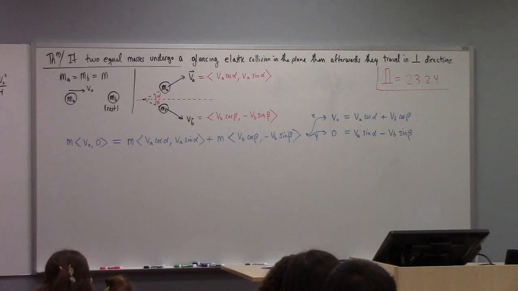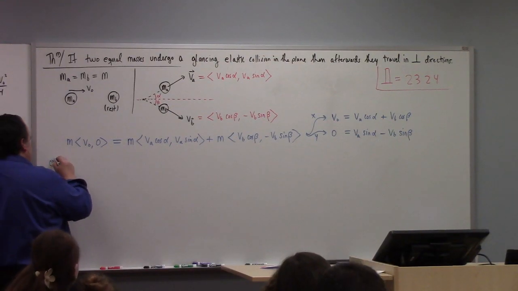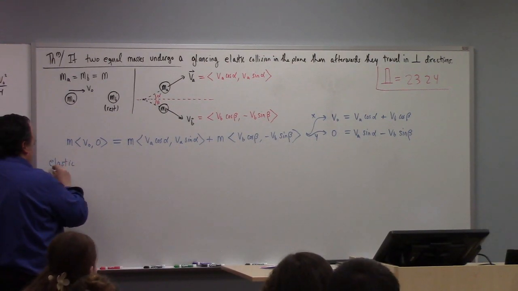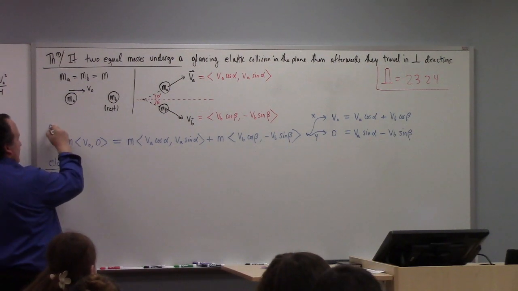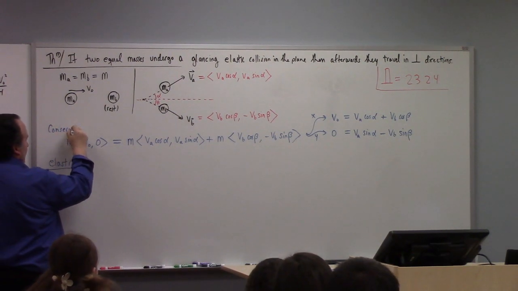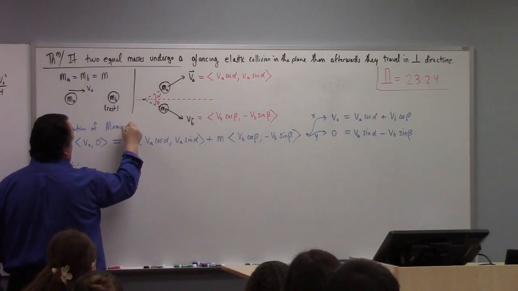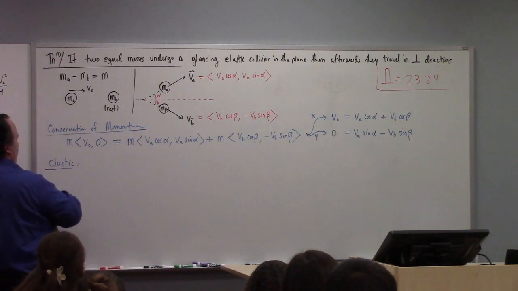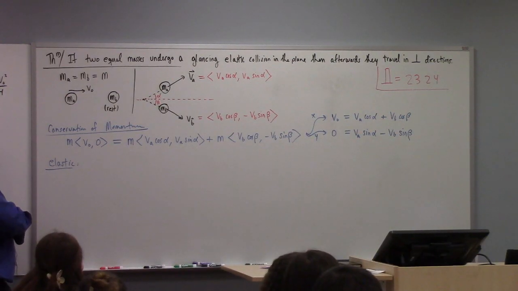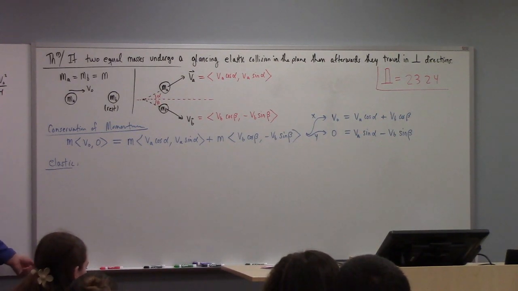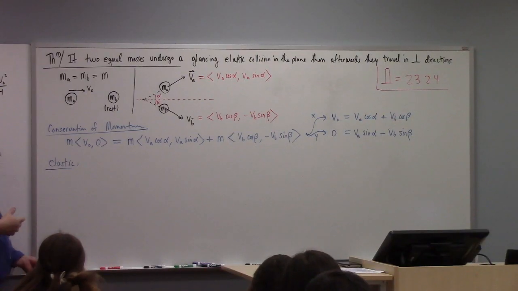But it's an elastic collision, so what else do we know? So this was just conservation of momentum. Elastic means the kinetic energy before is equal to the kinetic energy after. So what's that look like here?